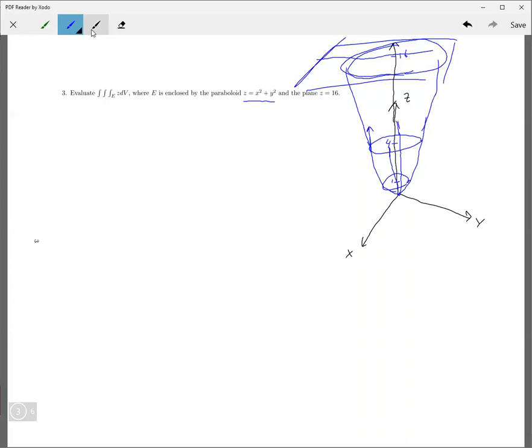So let's go ahead and set the integral up. This integral here.